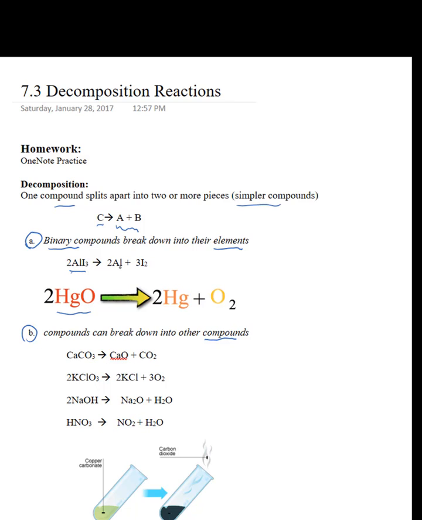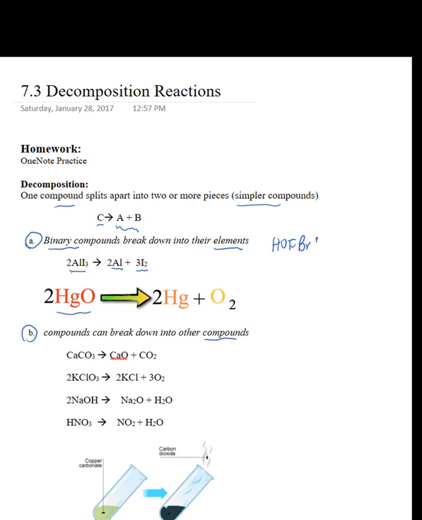So aluminum iodide breaks apart into aluminum metal and iodine. And the big idea here is that you need to make the products the most stable form. So when you have your metal, it's just going to be the element itself, and that's going to be the formula, just the symbol for that element. Whereas the other piece, we need to pay attention to Hofbrinkel.